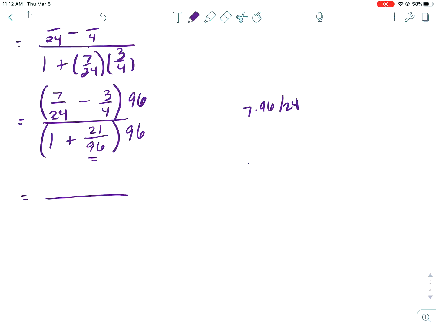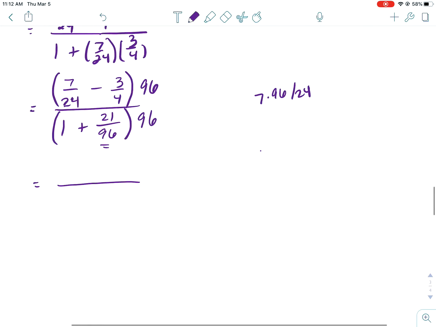So 7 times 96 divided by 24. It might work if you do 7 divided by 24 equals 96, but it might give you a decimal that way. So what did y'all get? 28. So that just turns into 28, which is awesome because it's not a fraction, it's easy.